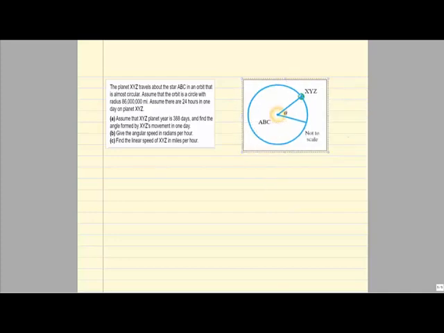Okay. Assume the orbit is a circle and the radius is 86 million miles. So radius is equal to 86 million miles. Okay, so that comes from right here.